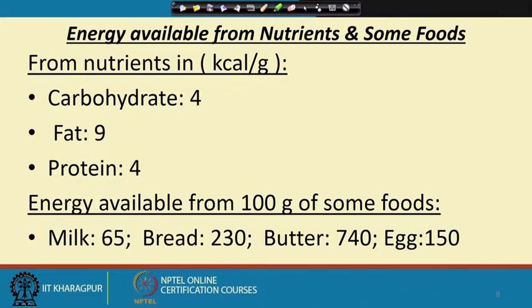For that, even today, at least we do use the MKS system for this energy to be explained. 1 gram of fat gives 9 kilocalories, carbohydrate gives 4 kilocalories and protein also gives 4 kilocalories, right.